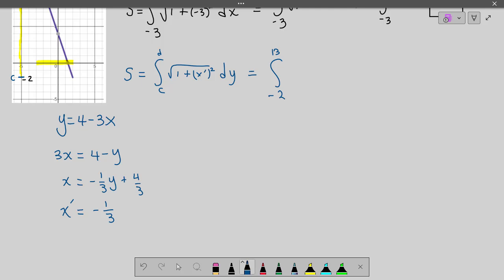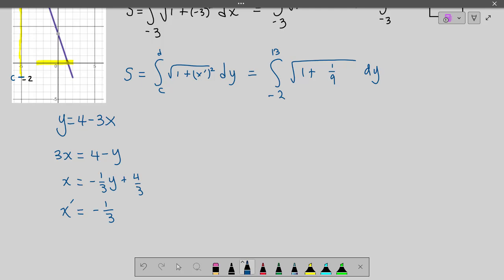So then in here, we get 1 plus the derivative squared. The derivative squared is 1/9, and our integral is with respect to y. Question: in the past you flipped the integral by multiplying by a -1, but it seemed like you were saying it didn't really matter which number went where.